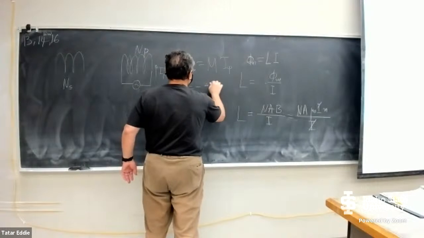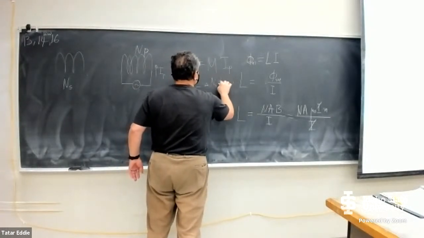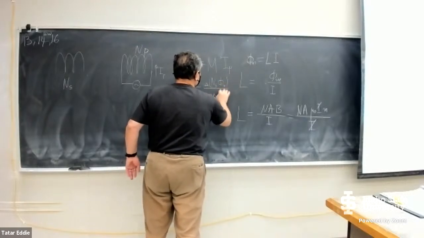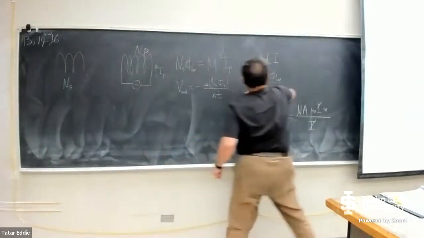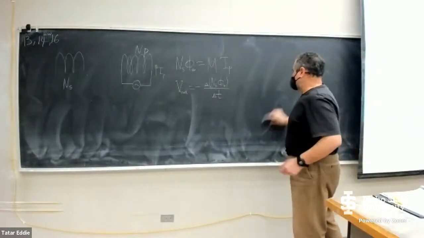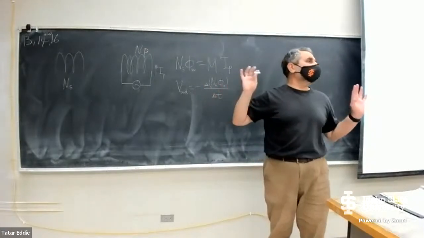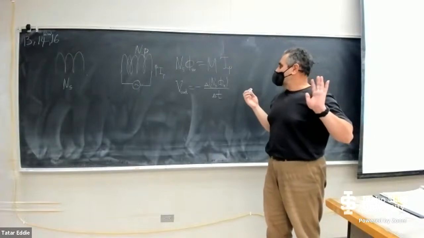So it is delta of N secondary times magnetic flux divided by the time interval. The rate of change of this magnetic flux, by definition, is Faraday's law, the Maxwell equation. The minus sign, they just ask about magnitude, so you can forget the minus sign in your answer.